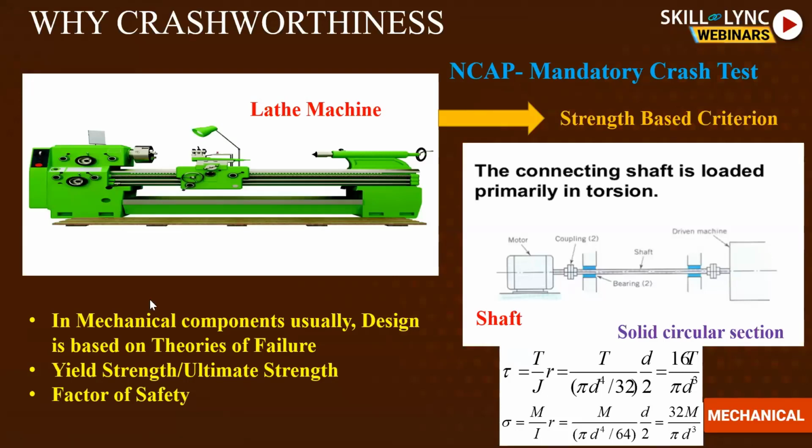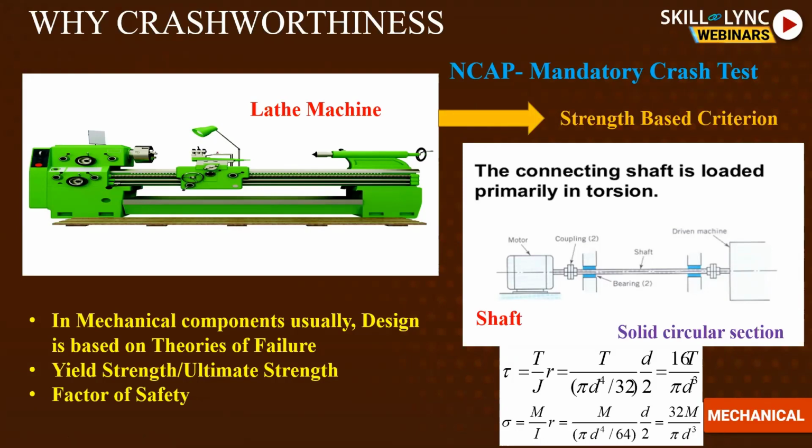For example, if I want to design a lathe machine, first I will determine what forces are going to act on the lathe machine. The forces due to the spindle rotation would be taken into account, the weight of the component would be taken into account, and all those loads would be transferred to the bed.